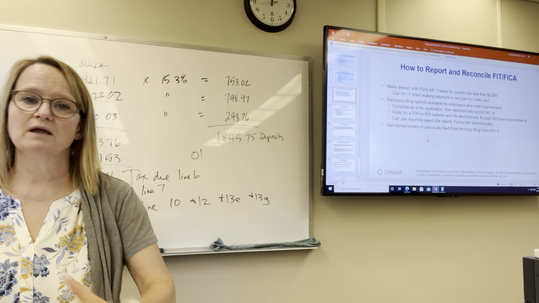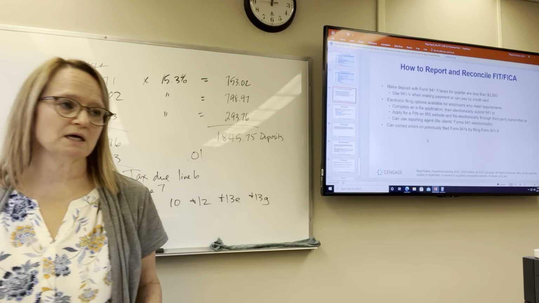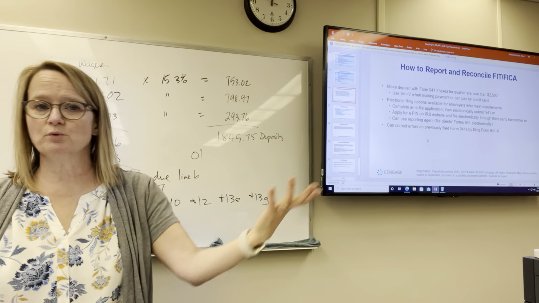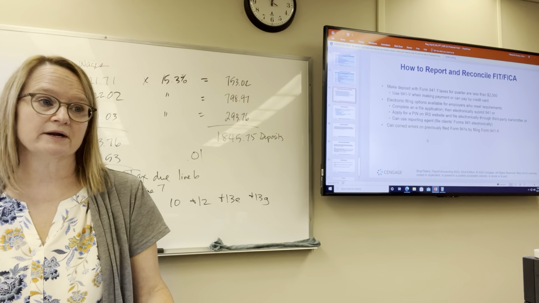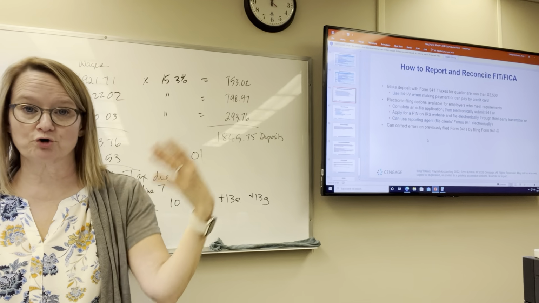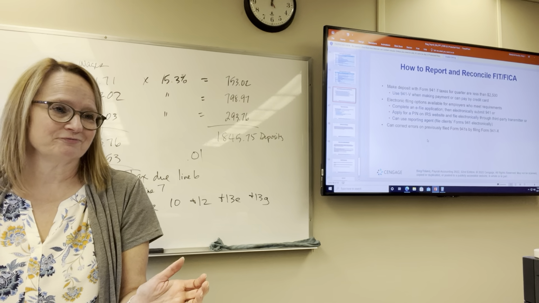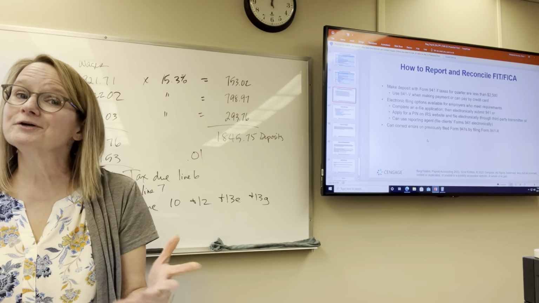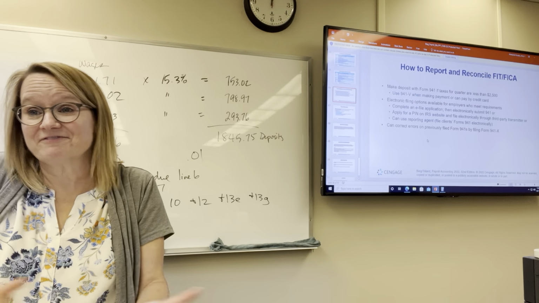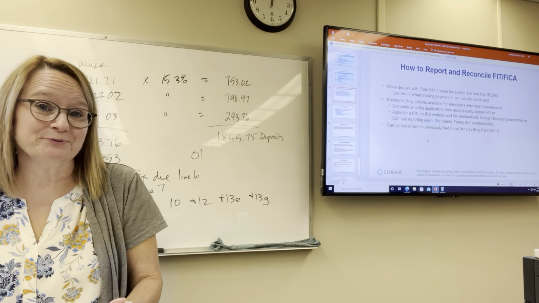So let's just say you find out you made a mistake in January of 2020 on a 941. You've got to correct that, and then you've already issued all of your W-2s for 2020. It could be that mistake on the 941 affects the amounts that are on the W-2s as well.